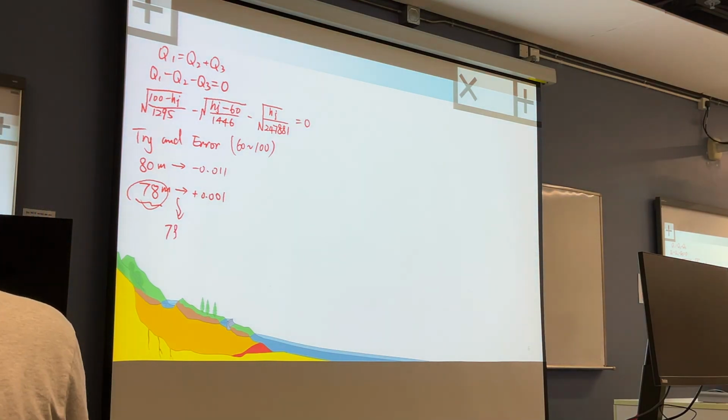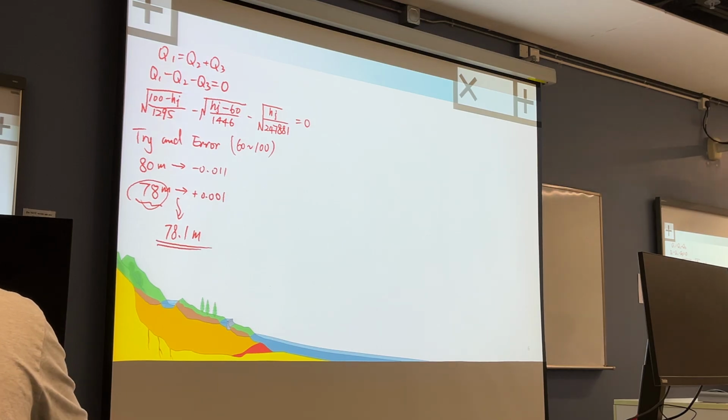If I take 1 decimal place, it will be 78.1, okay? This will be the closest result, so that the HJ is approximately 78.1 meter by the trial and error, okay? It's not very difficult, it's not very complicated, all right?